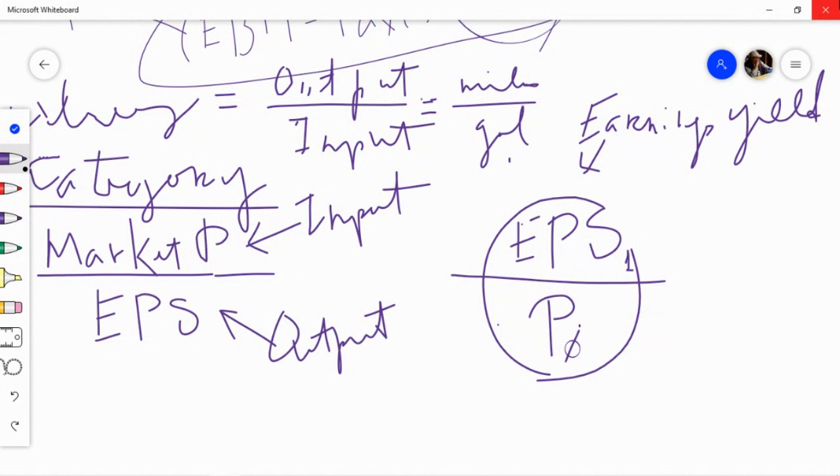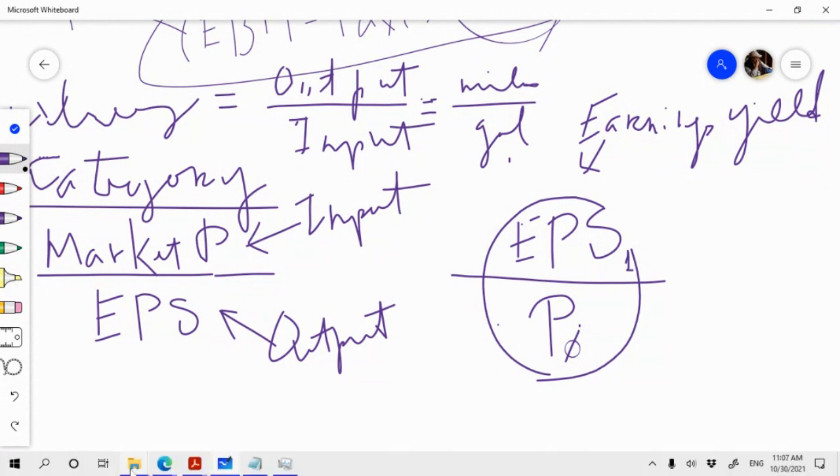You cannot have earnings right when you buy the stock because the company will have to operate and produce results. It will take time. So if we put a time subscript, it's earnings per share at time 1 and price at time 0. Okay.